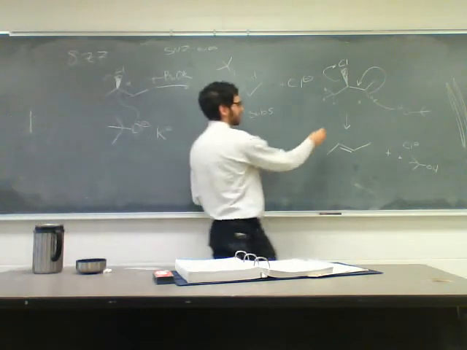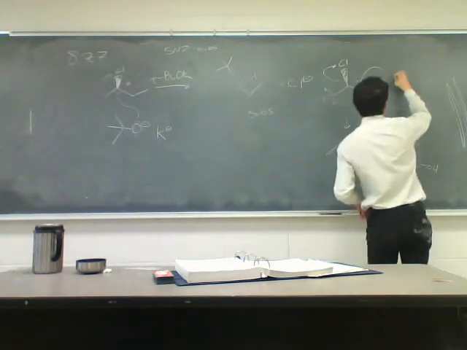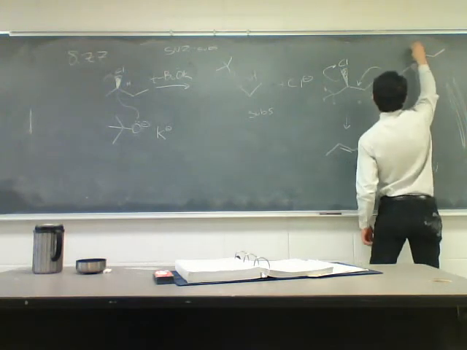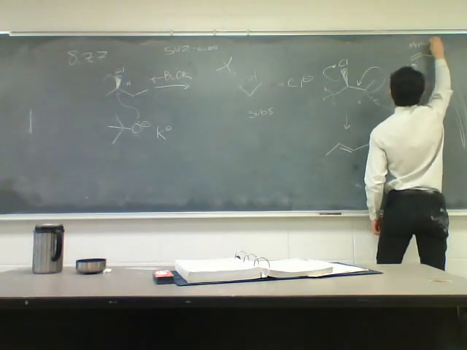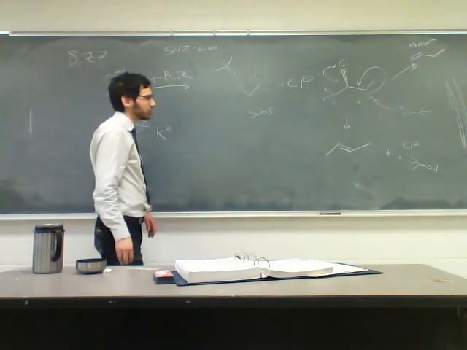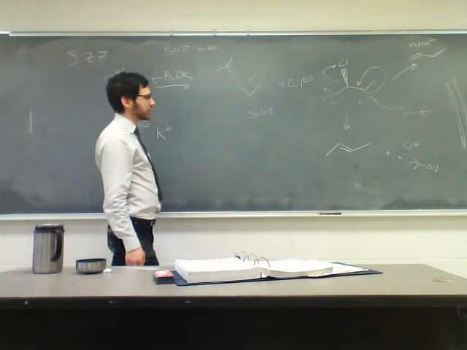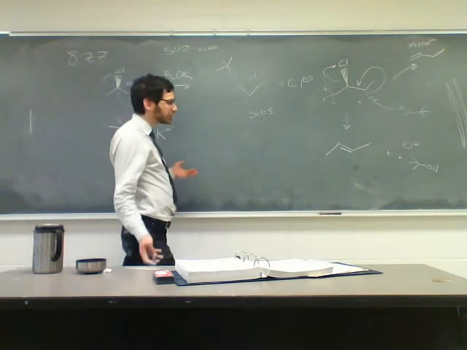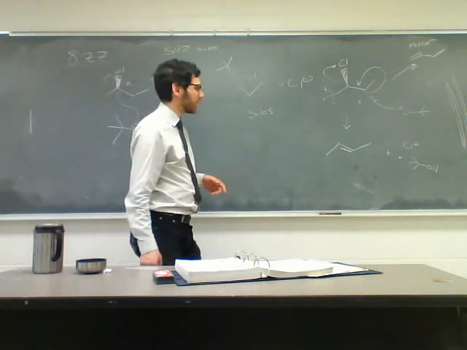And we could also potentially attack those hydrogens to get this product. That's our Hofmann product. T-butoxide is kind of bulky, so I think that would be our minor product.